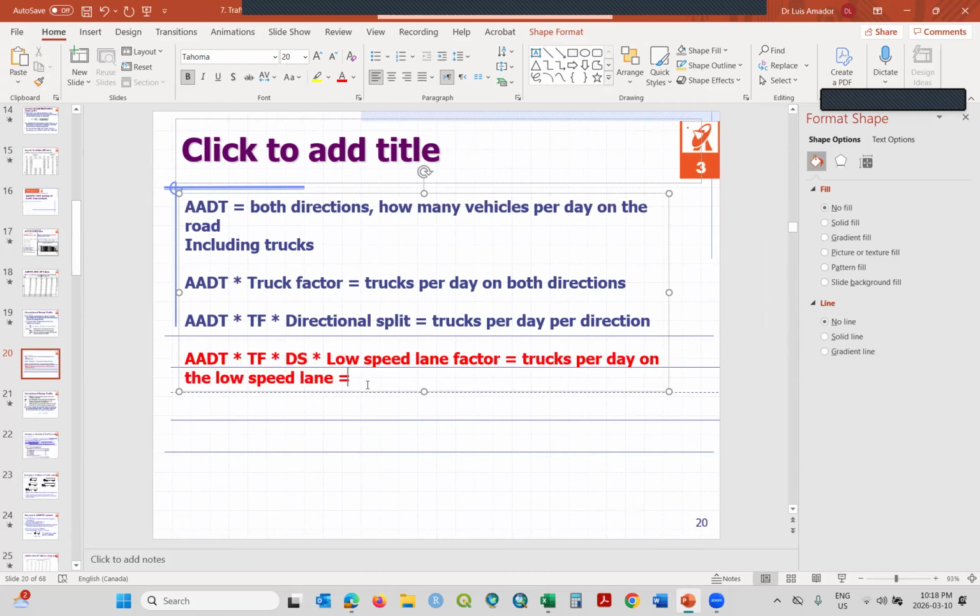And this is the basis for the estimation of the ESALs.